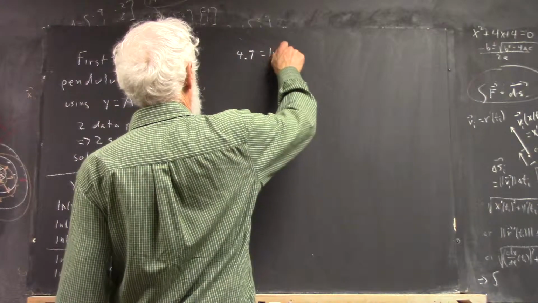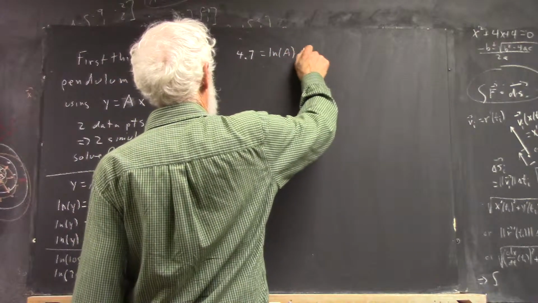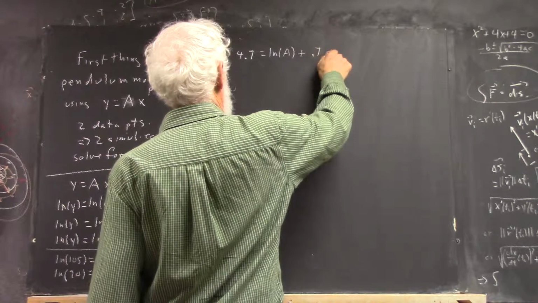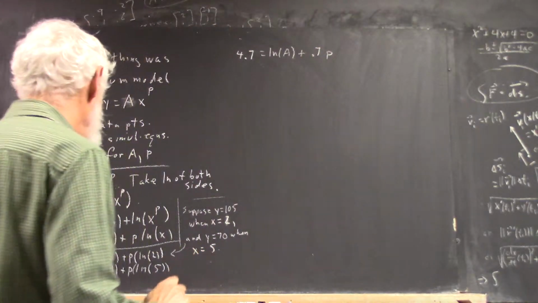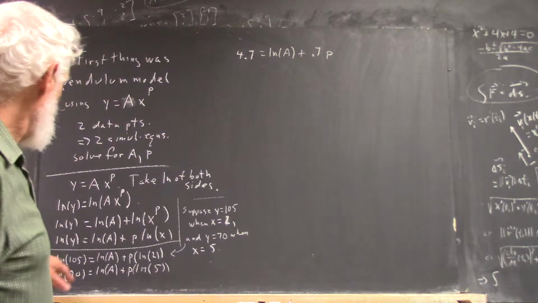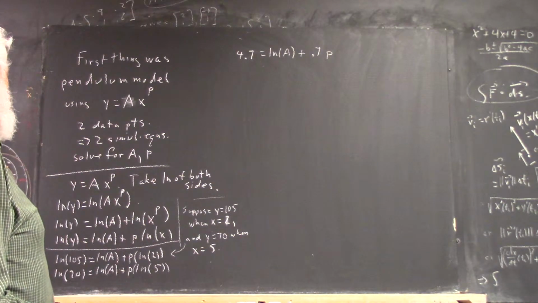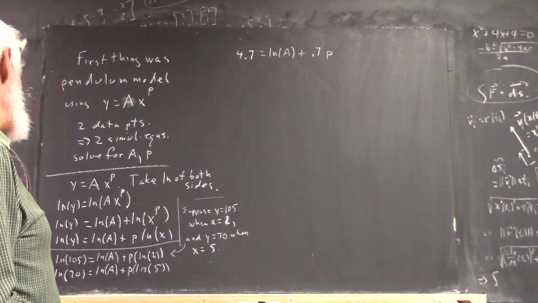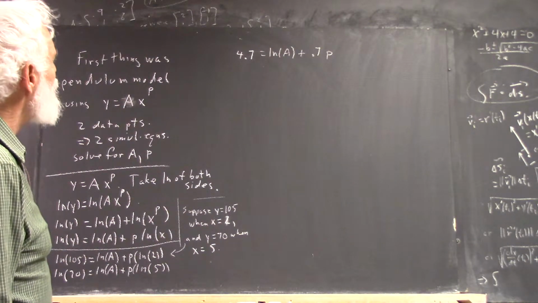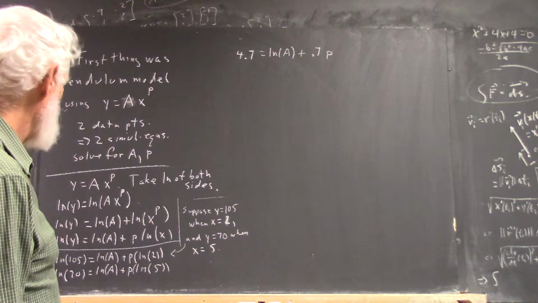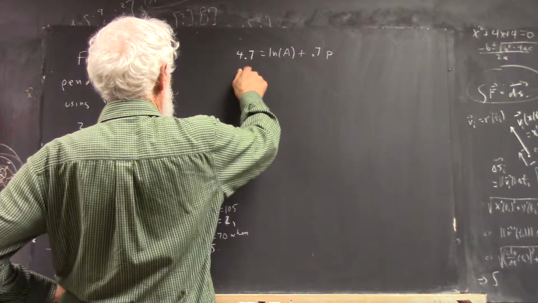So the natural log of A plus 0.7 times P. Okay? And the natural log of 70, now I'm going to say that that's about 4.3.